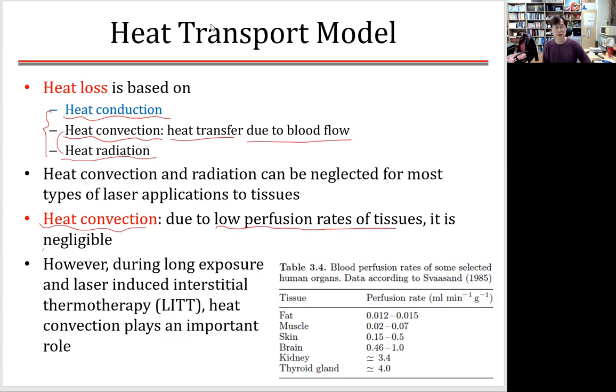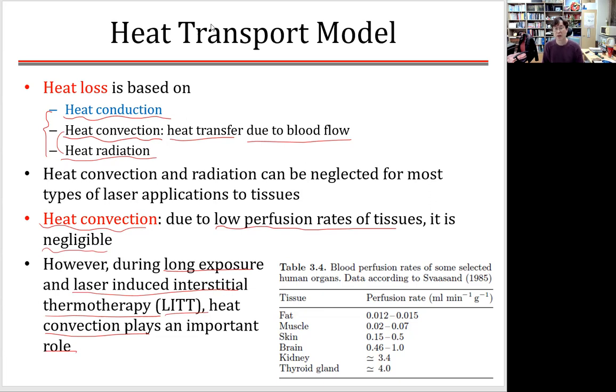But if you are having a long exposure, and in laser-induced interstitial thermotherapy, which is LITT, then heat convection can also play an important role in the heat loss.